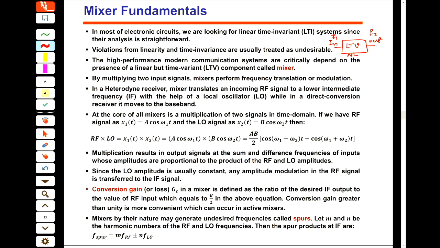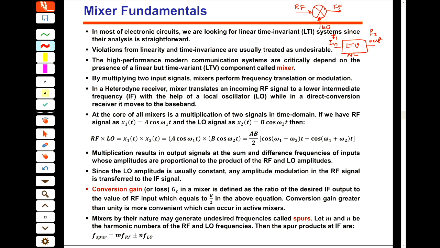So what does a mixer do? A mixer is a kind of multiplier. I mean, assume that we have a multiplier and it has an RF signal, LO signal, and IF signal. I draw this as a 3-port network, but it could be 2-port.